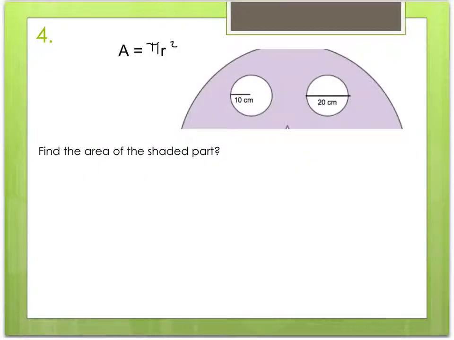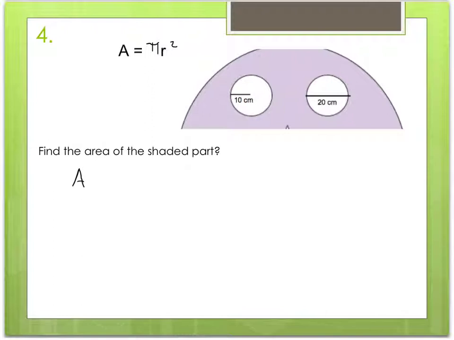In order to find the area of the shaded part of the face, we are going to break parts of the face down. So the first part that we're going to calculate is the area of the eyes, or the 2 circles. Now it's important to remember the equation for calculating the area of a circle, which is A is equal to pi times r squared. The first area we are going to calculate is the circle that has a radius of 10 centimeters.